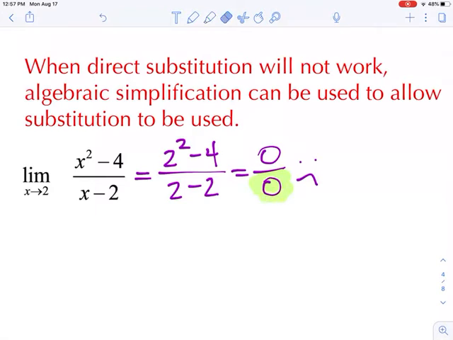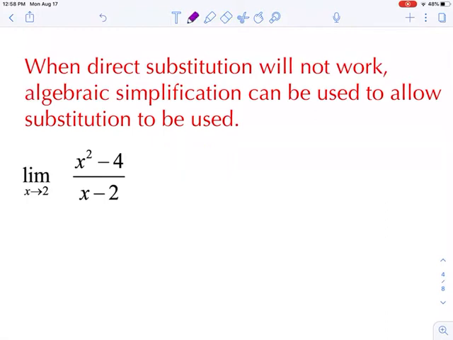When you get 0 over 0, you know that algebraically there is something that you can do in order to evaluate the limit. We kind of talked about this yesterday, but when we have a rational, we know that we can simplify.